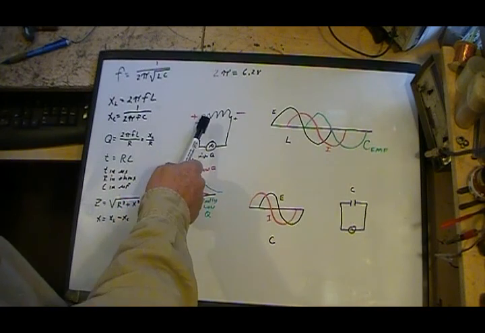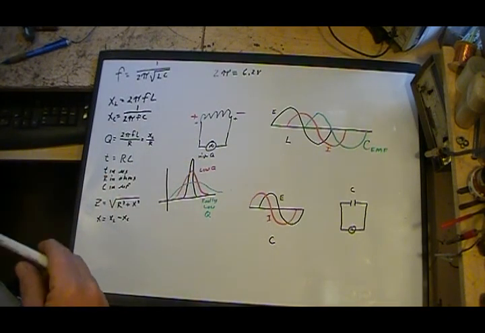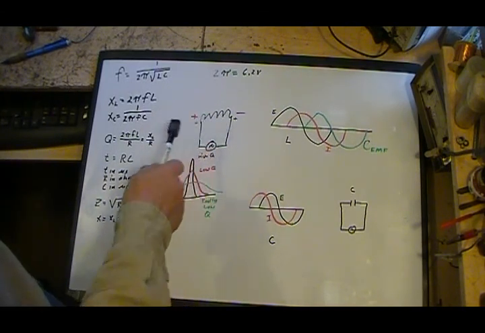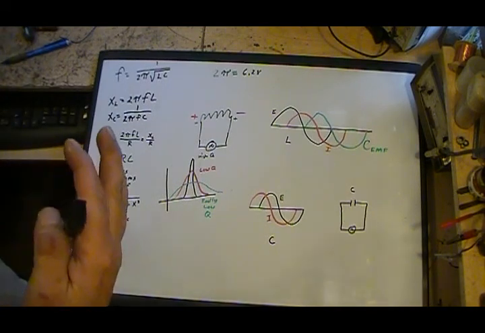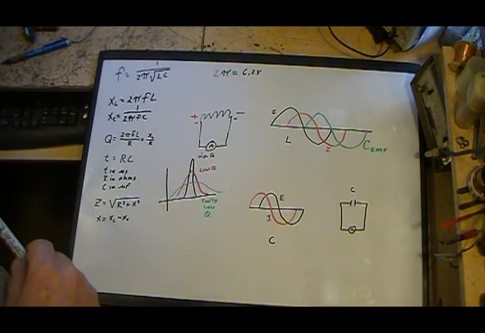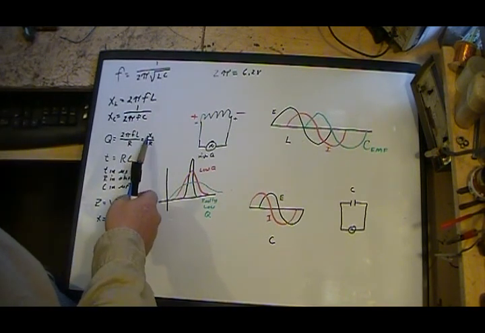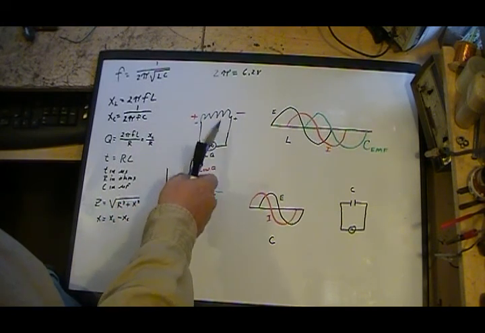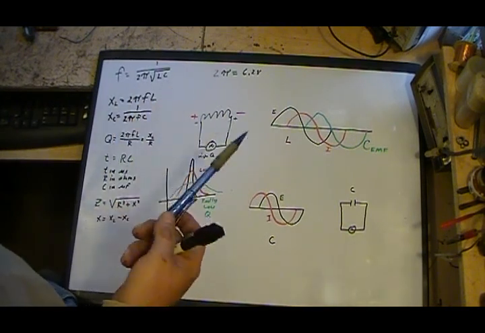Now, something else I want to talk about on the coil is the Q of the coil, which is also, when you've got a tank circuit or any filter circuit, the Q of that resonance circuit. And Q is nothing more than X sub L divided by series resistance. The resistance is generally the wires, which you can neglect since they're going to be short.